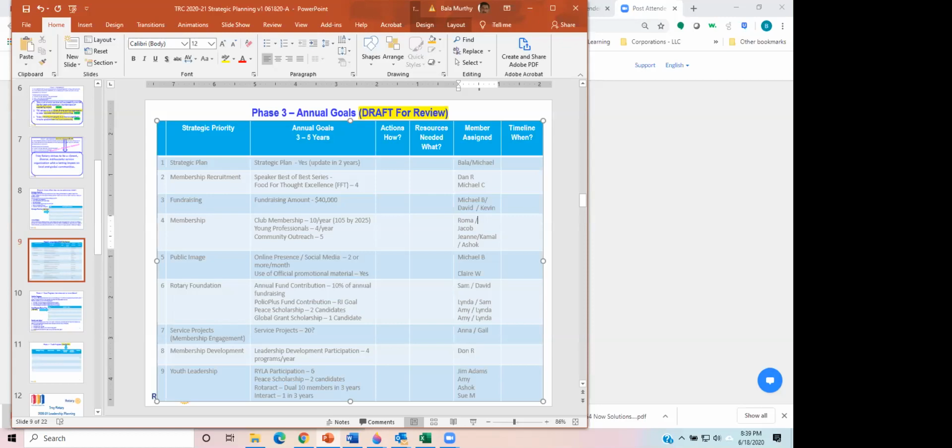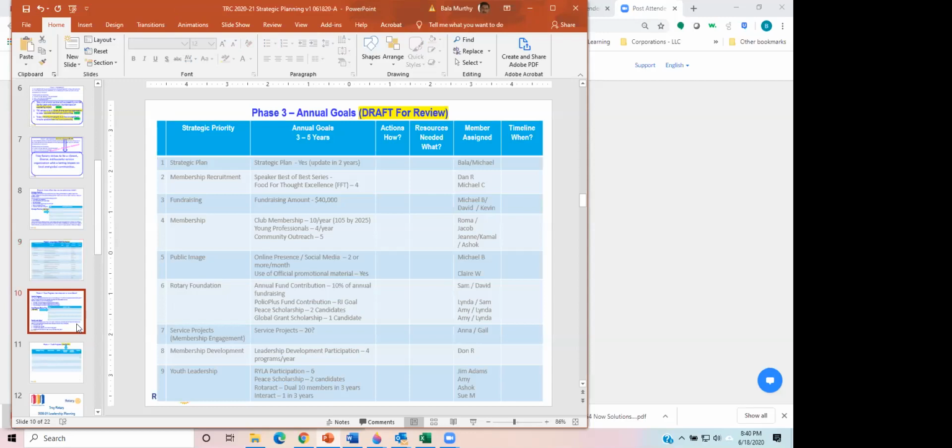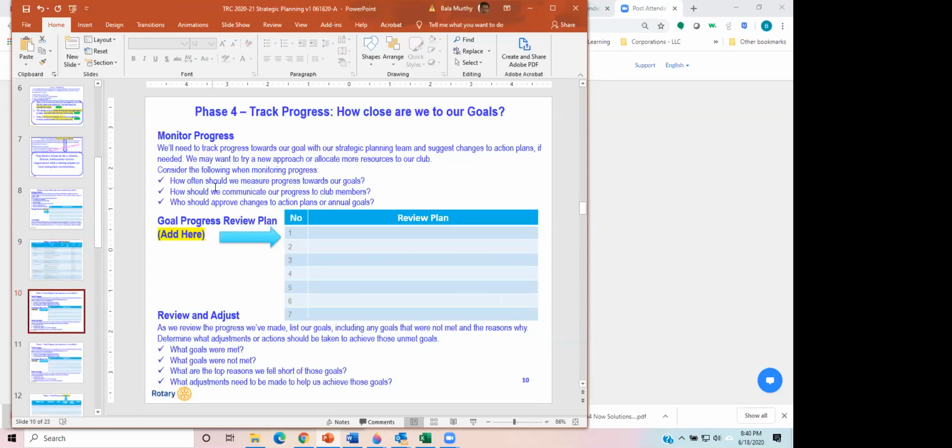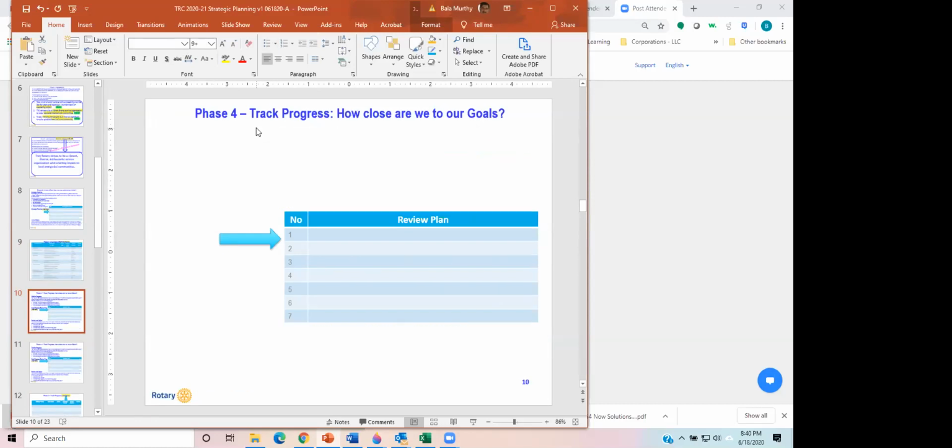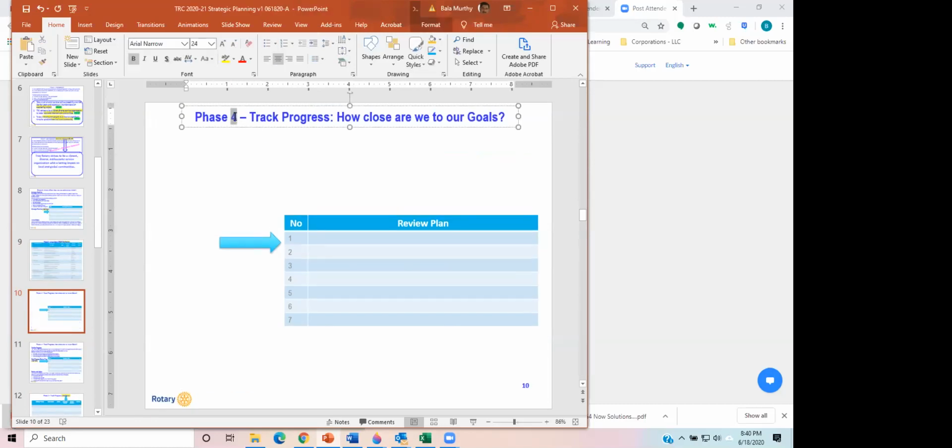I'm of the impression that between now and our next meeting, since I'm on two of these committees, I want to hold an offline session with them, come up with some actions and resources, and bring it back and summarize it to our group at our next meeting.